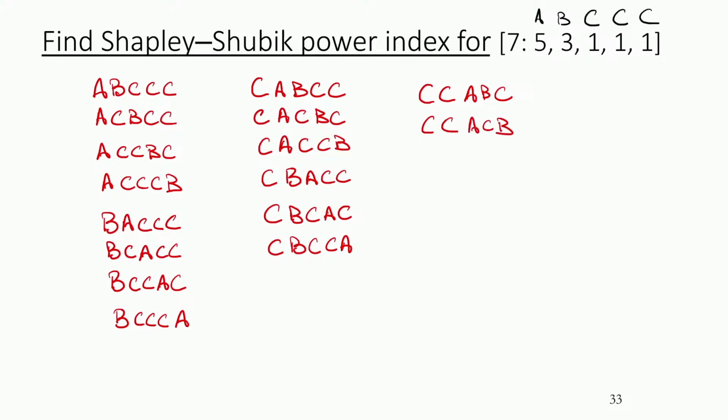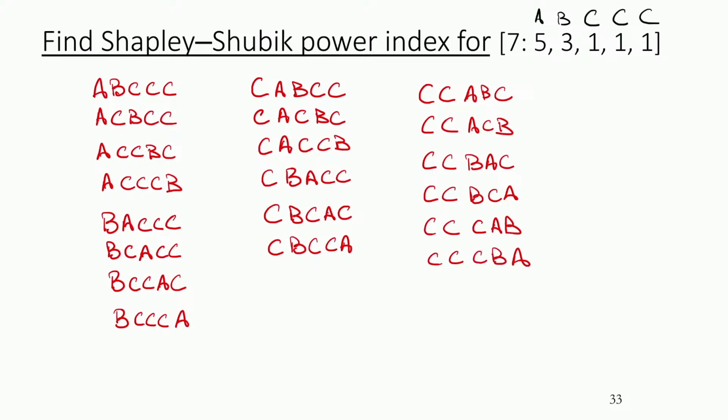A, C, B, C, C, B, A, C, C, C, B, C, A. Almost done. C, A, B, C, C, C, B, A. We got them all now.